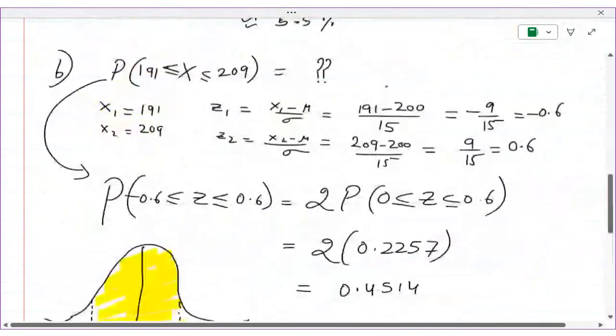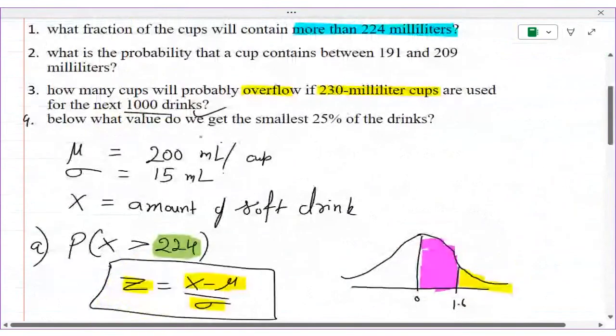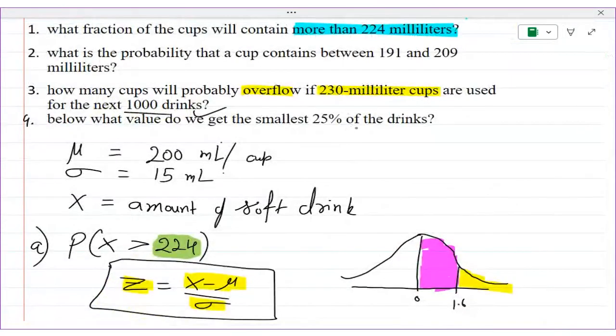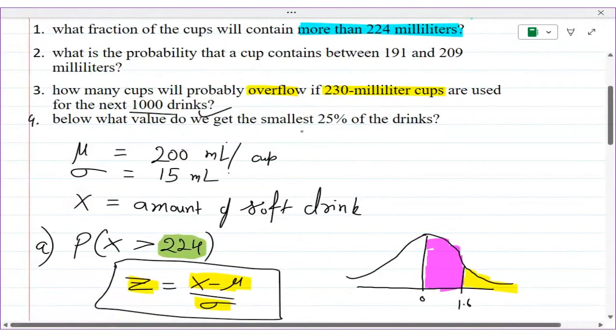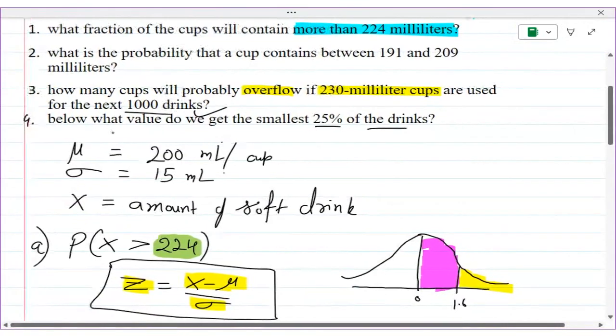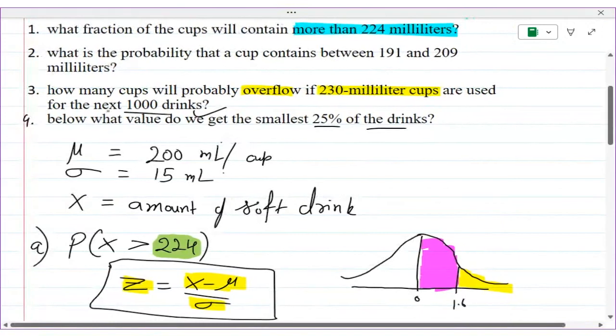In the last part, we are asked: below what value do we get the smallest 25% of the drinks? Below what value do we get the smallest 25% of the drinks? So the smallest 25% of the drinks.